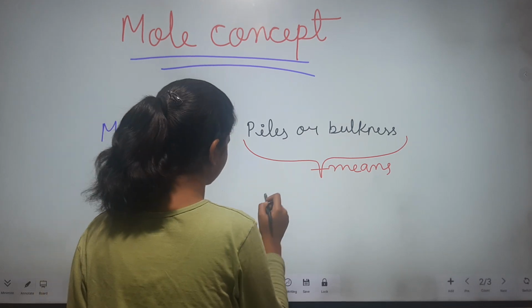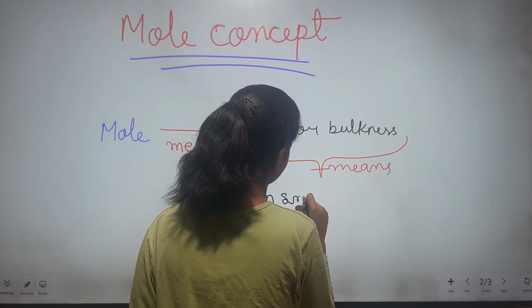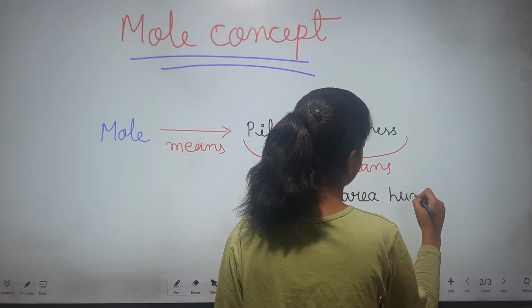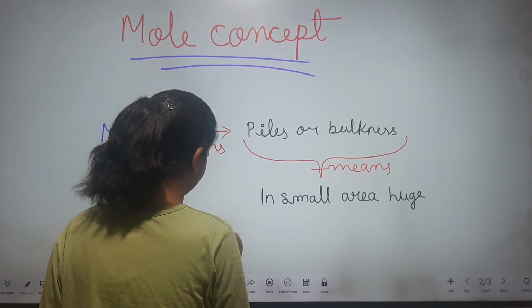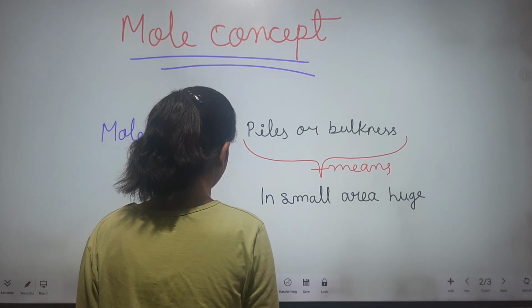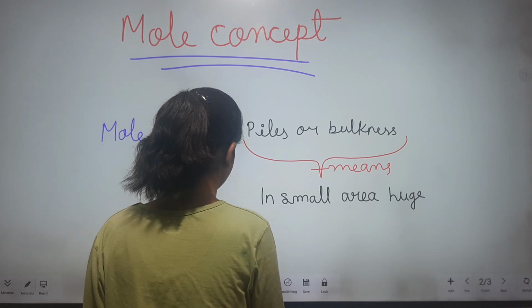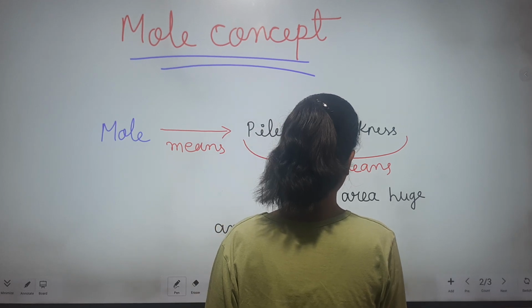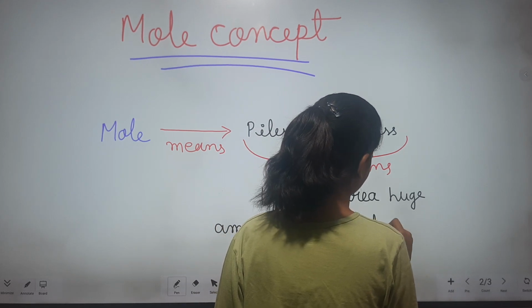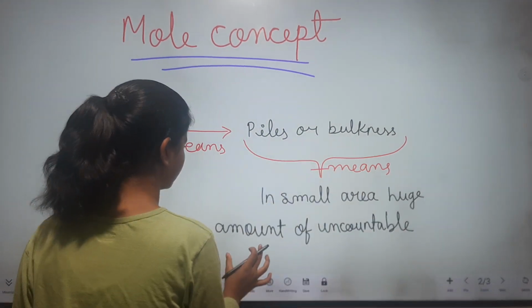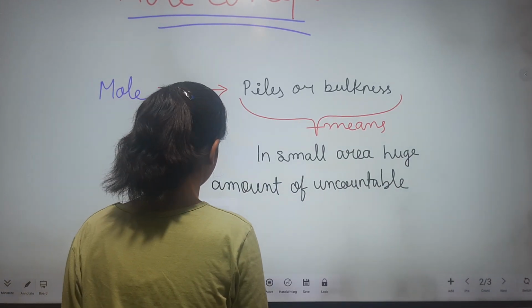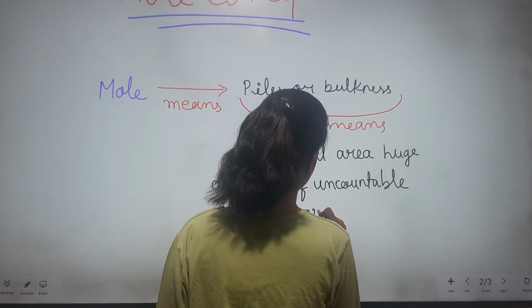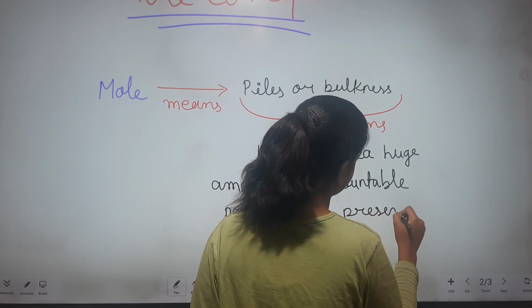And here piles or bulkness means in a small area a huge amount of uncountable particles are present.